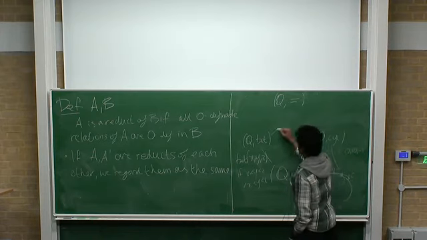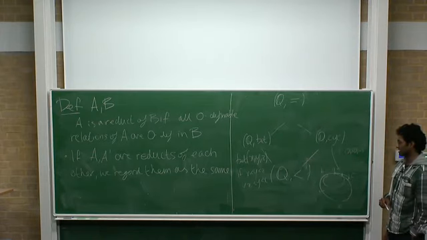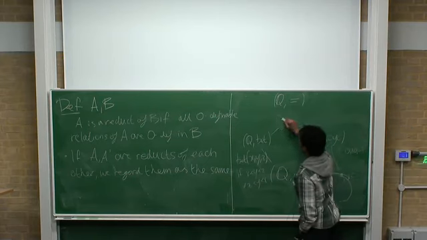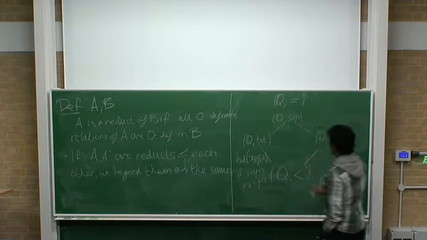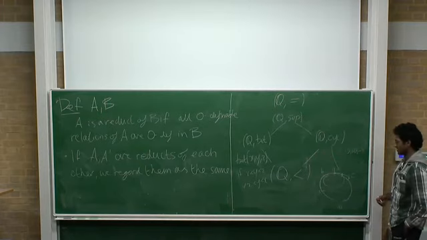Then over here, we have what is known as the separation relation. This is a 4-ary relation. What does it say?